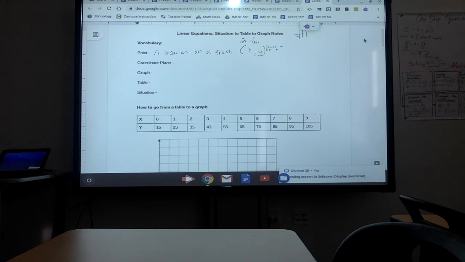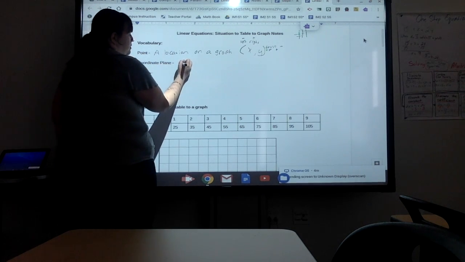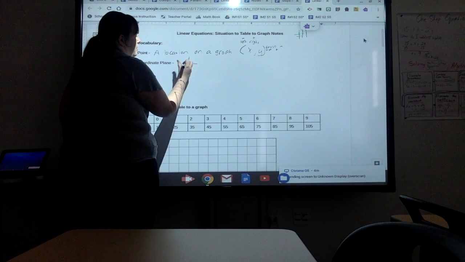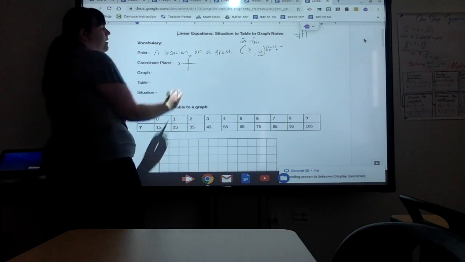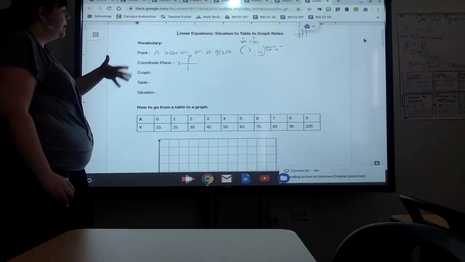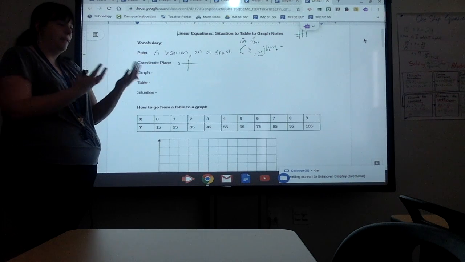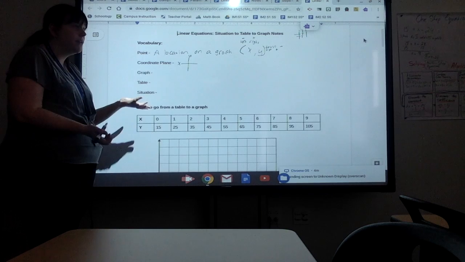However, when I'm talking about a graph, I'm not talking about this. Because this, with this line and that line and the x and the y, that's called a coordinate plane. Kind of like in painting, when you look at a blank white thing that you put paint on, it's not called a painting yet, it's called a canvas.